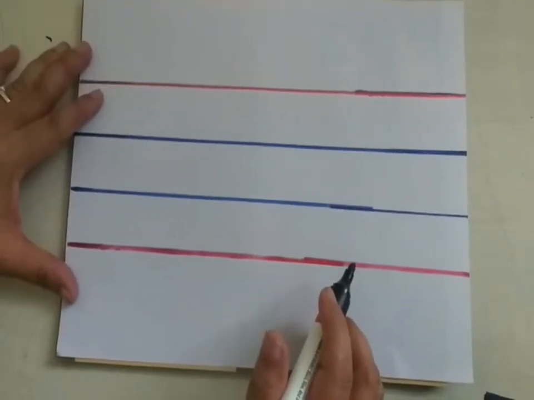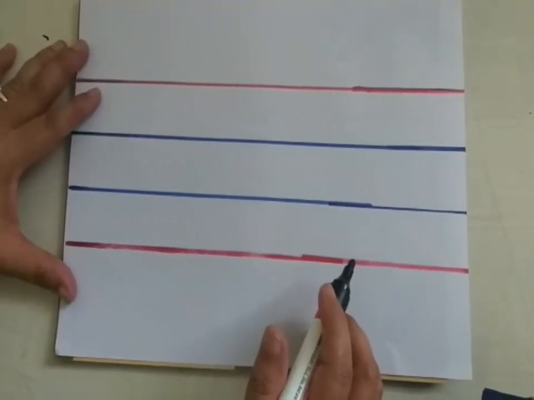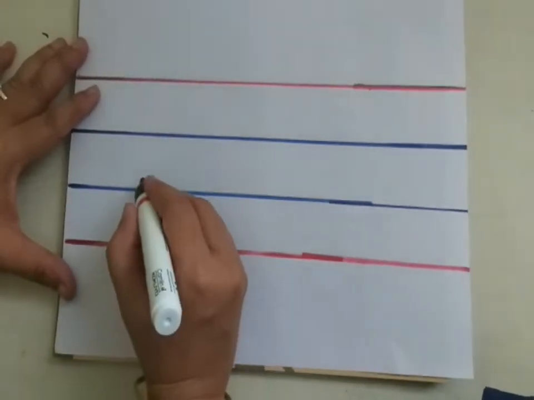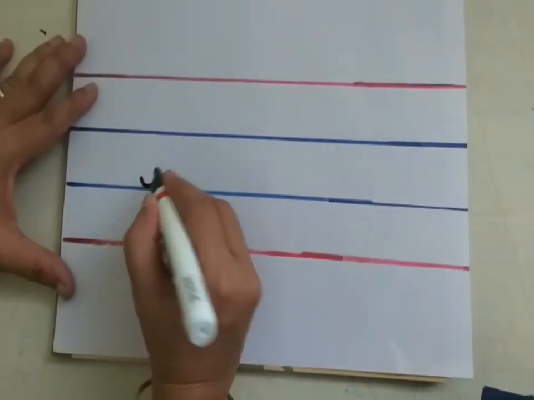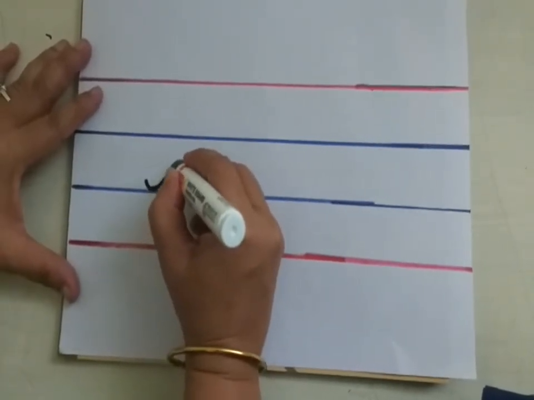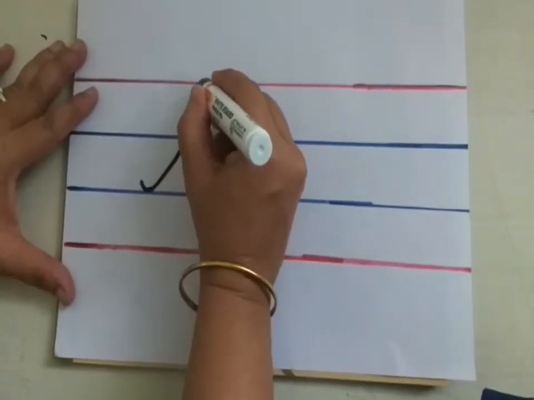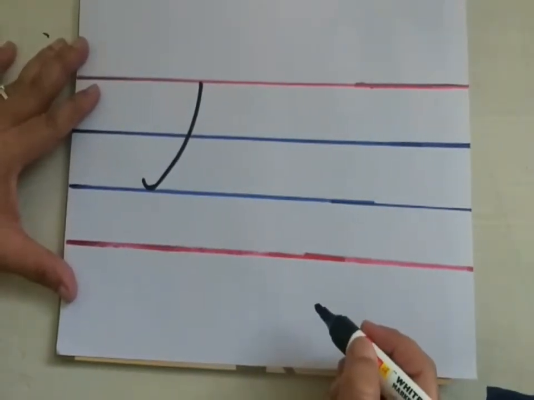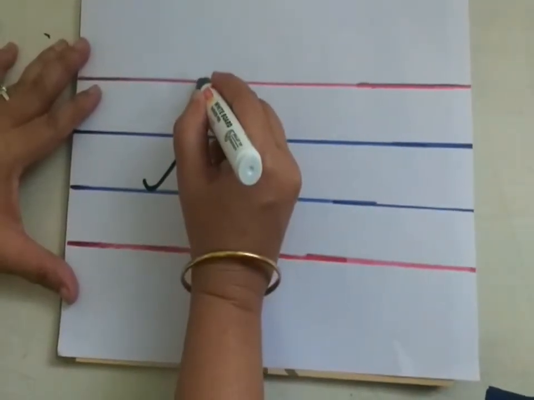O after which letter comes, children? O after P. Shall we write P? Yes. Make a small curve. Now you have to go up to the first red line, children. Like slanting line you have to go. Now you have to turn back side.